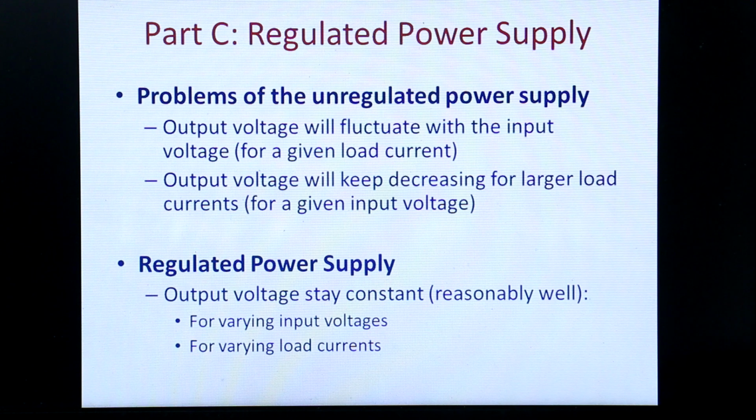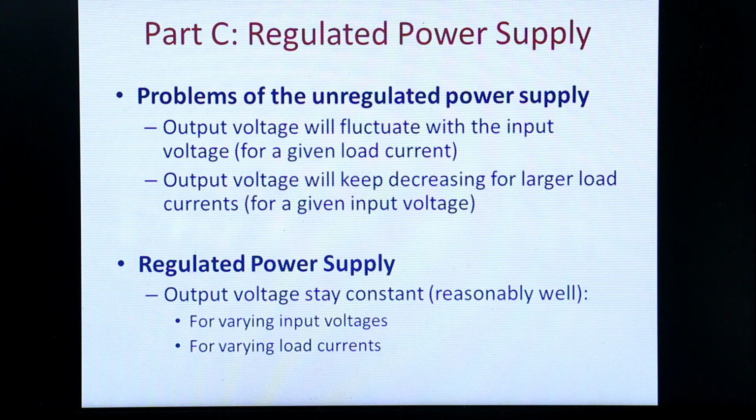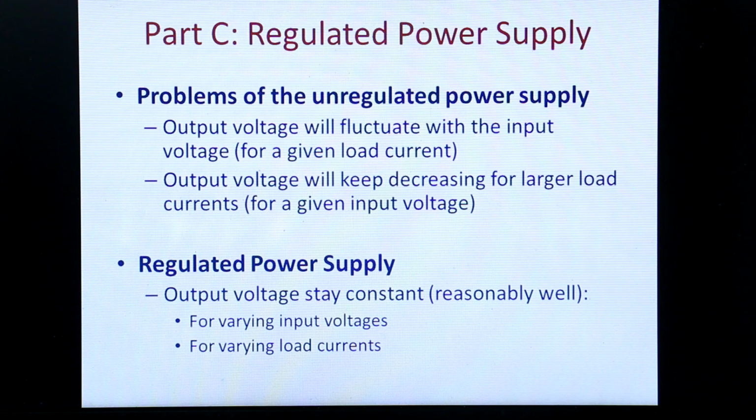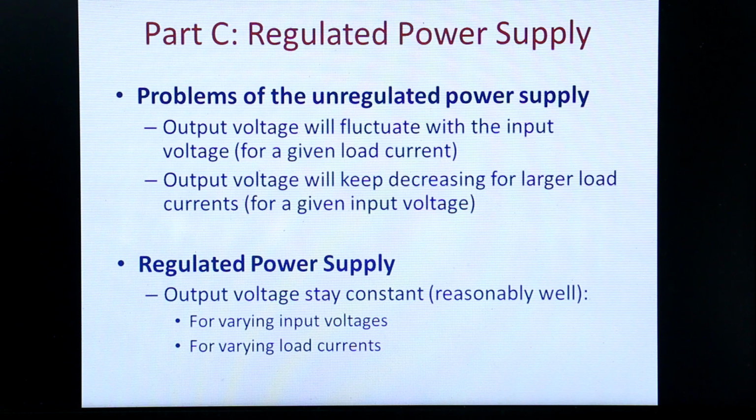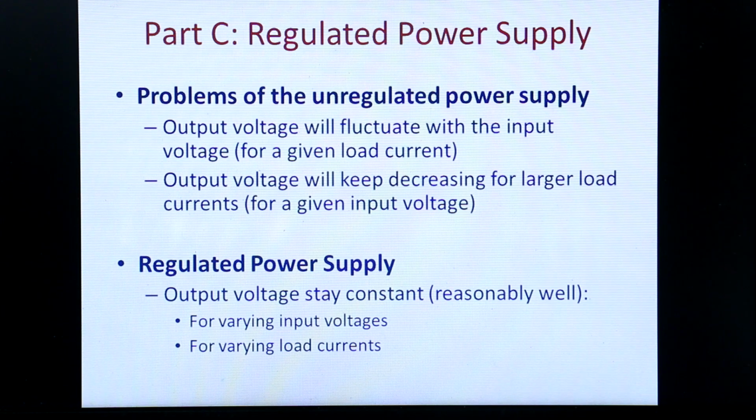So right now we will do some demonstration of part C, which is essentially a regulated power supply. Before we talk about a regulated power supply, we need to understand what the problems faced in general are. Two major problems. One is that we generally have input voltage fluctuations.